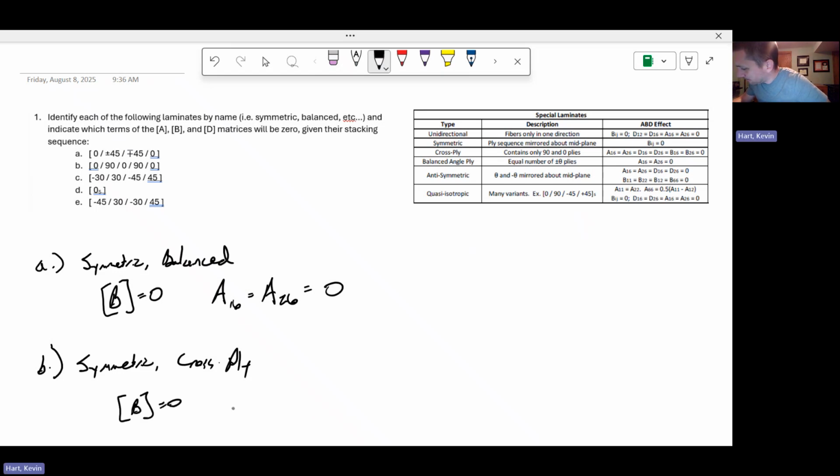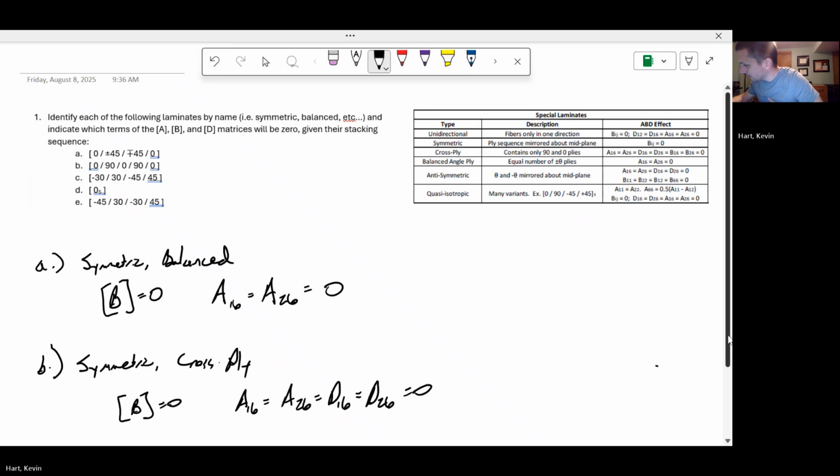And for cross ply, all of this information is going to be 0: A16, A26, B16, B26 are 0, but we've already got B covered, and D16, D26 equal 0. That's all we got.